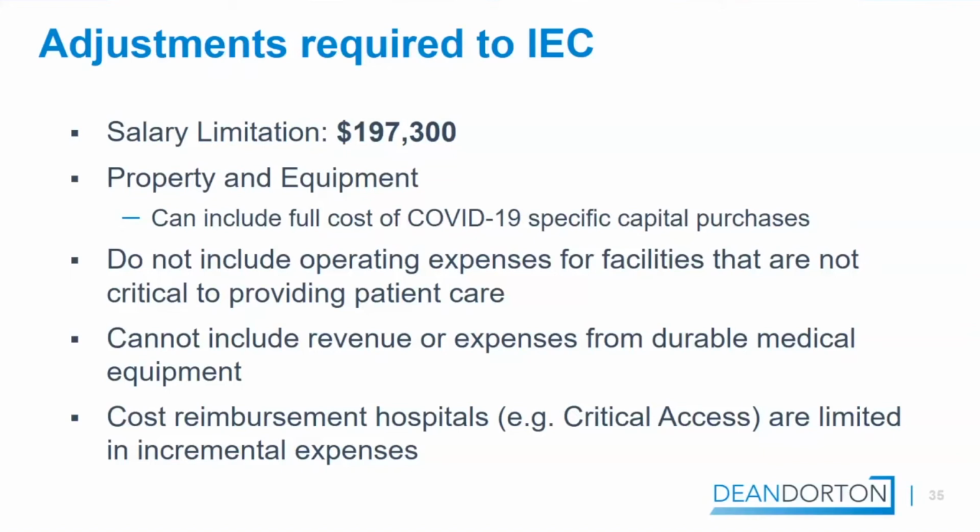And so you would have incremental revenues associated with all of your incremental expenses if you're cost reimbursement. And if anybody has any questions on that, we can dig into it on a case-by-case example, because each cost reimbursed hospital is going to have a different set of criteria to look at.